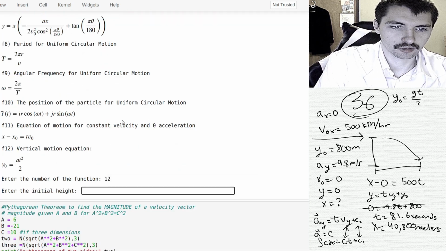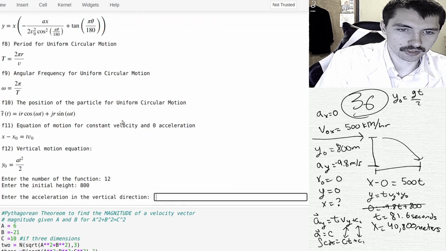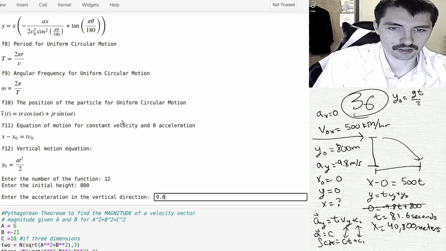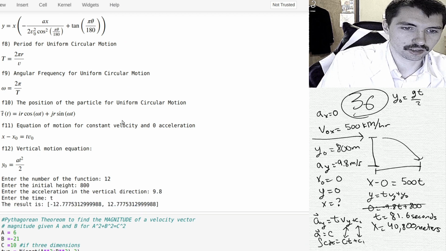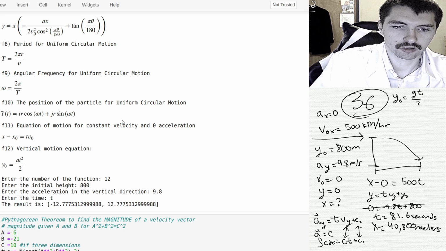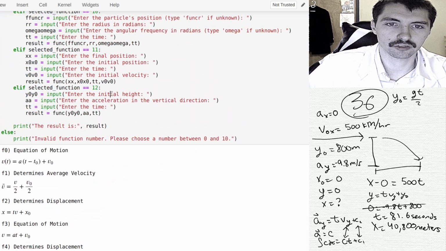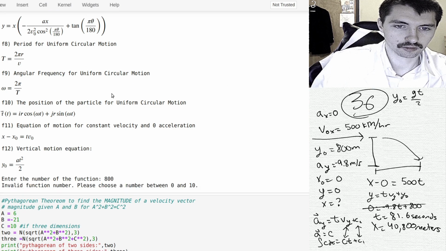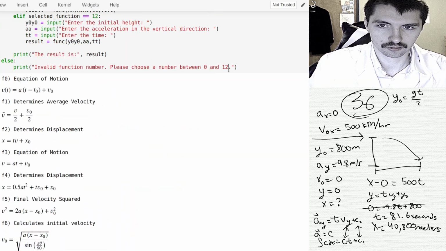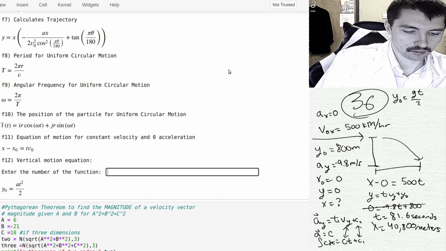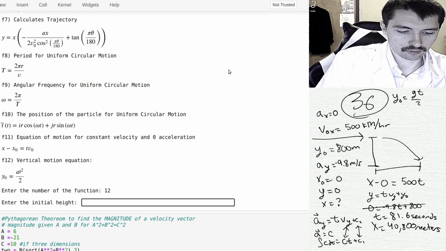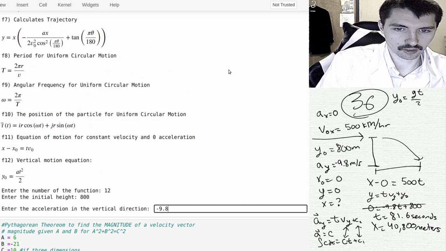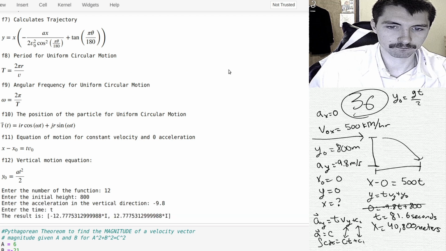Equation 12. Initial height is 800, 9.8 t. Okay. And would negative 9.8 work as well? Equation 12, 800, negative 9.8 t. Okay.